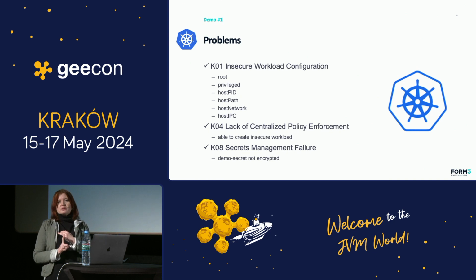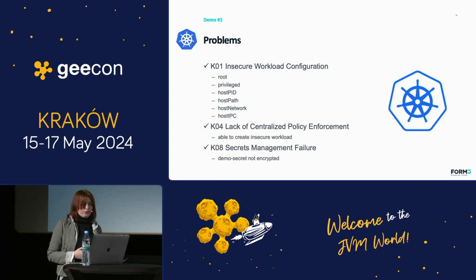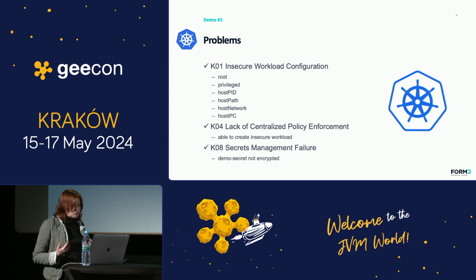You could install some malicious software here. So the sky is the limit. Again, the problem is a Kubernetes secrets management failure. Secrets are not encrypted, they are only encoded by default. So you need some extra protective mechanism to protect your secrets at rest.